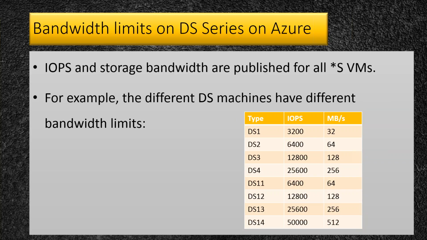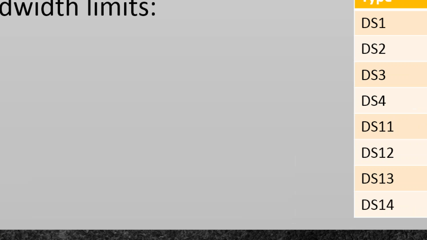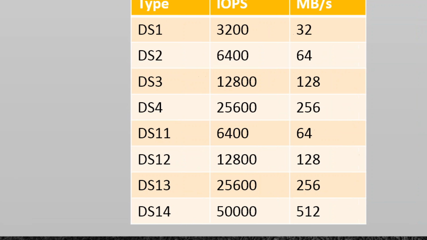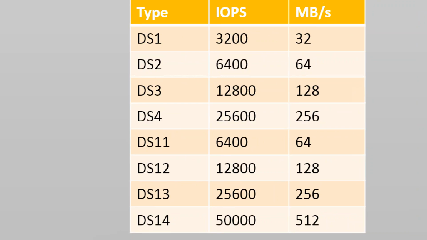So here I took from the documentation the different limits of the DS1 machine. As we can see, the DS1 limit is 32 megs per second. So if I deploy a P20 premium storage volume that can supposedly go to 150 megabytes per second, it's not going to hit that limit ever. So I'm just basically giving away money for free there.